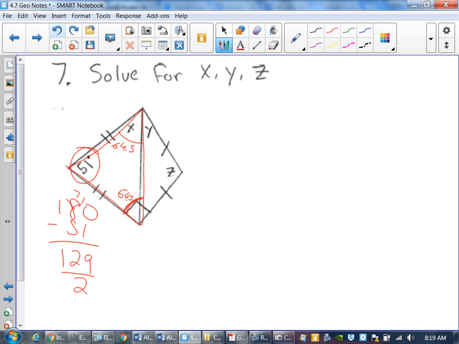So now you've got the triangle on the left taken care of. Now we can use that right angle on the bottom there, because two angles that form a right angle are complementary to one another. So what is left over to get to 90 from 64.5? 25.5. So that means this part here is 25.5.